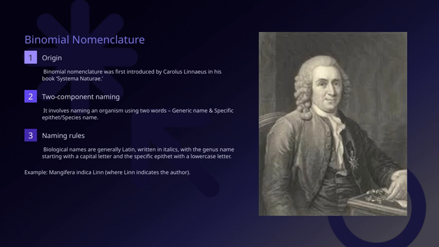Interestingly, this system was first introduced by Carolus Linnaeus in his book, Systema Naturae, which laid the foundation for modern biological classification. So, in summary, binomial nomenclature is a standardized way to name organisms clearly and consistently, and it all stems from Linnaeus's innovative approach. This method helps us communicate precisely about species across different languages and regions.